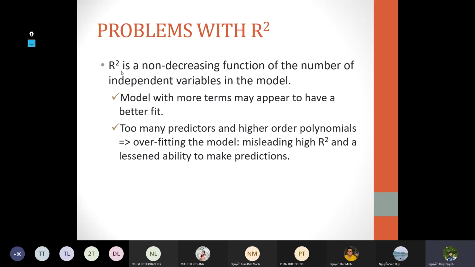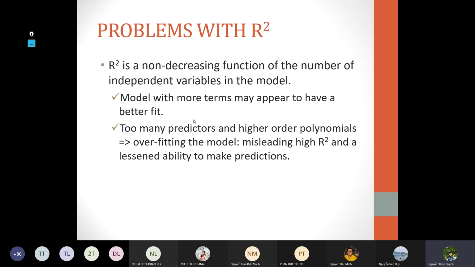What does it mean? It means that when we add more independent variables into the model, R square will increase, or at least it does not decrease, it stays unchanged.